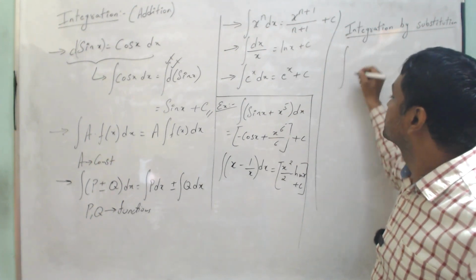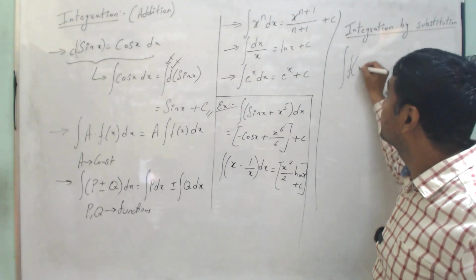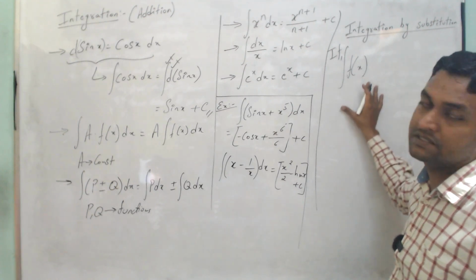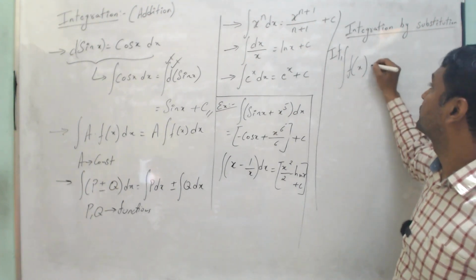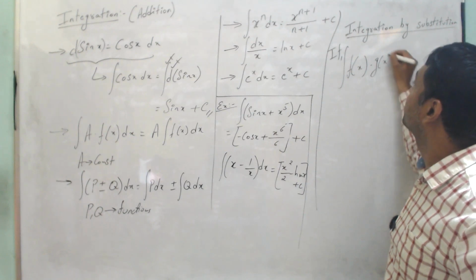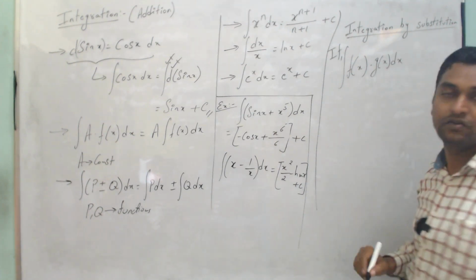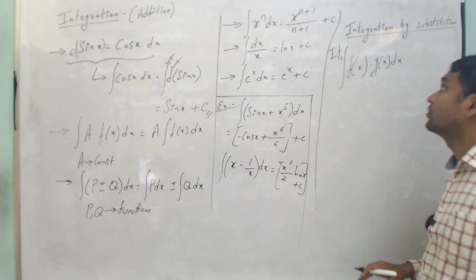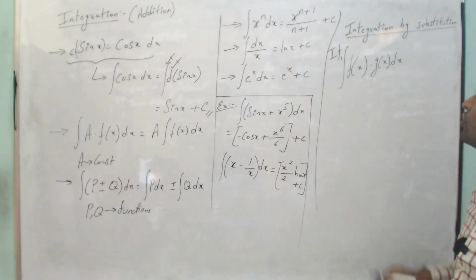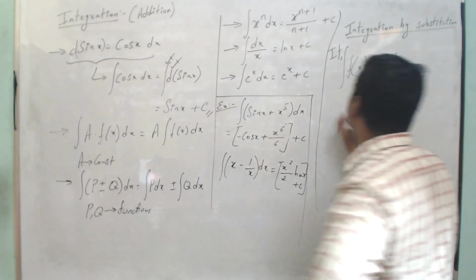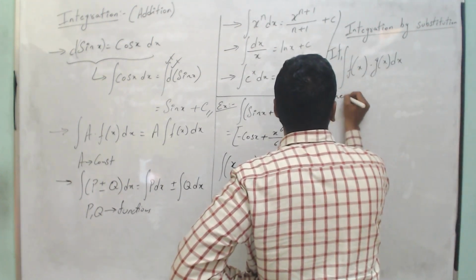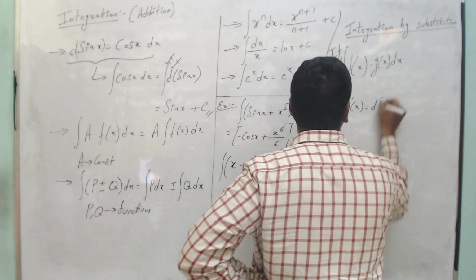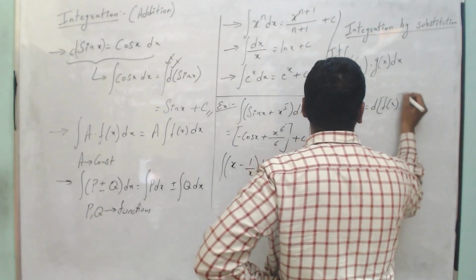For integration by substitution, I should have a form like this: the integral of f of x into g of x dx, where the function g of x is nothing but the differential of f of x.